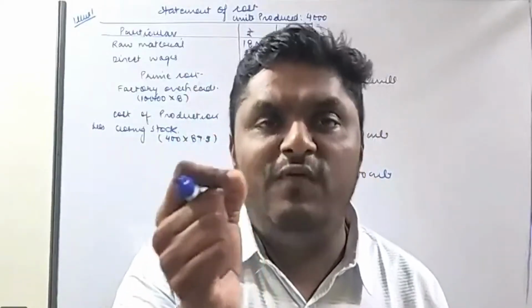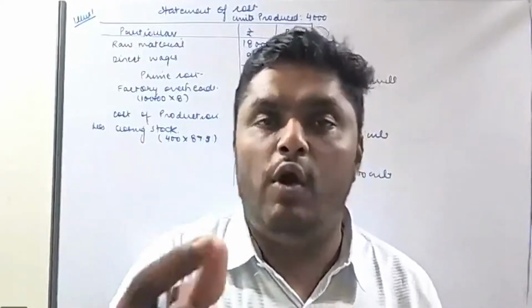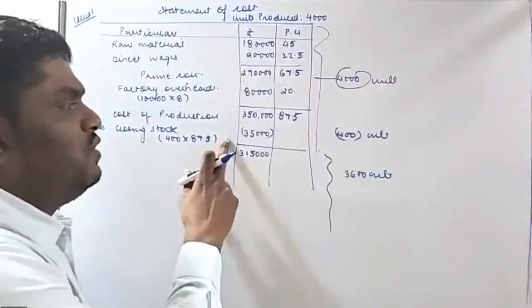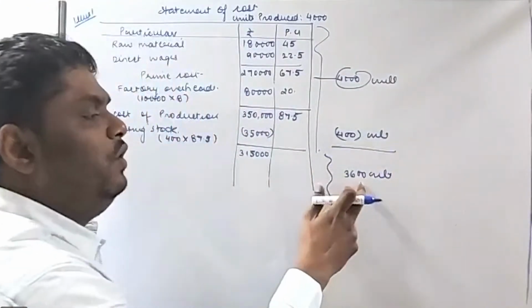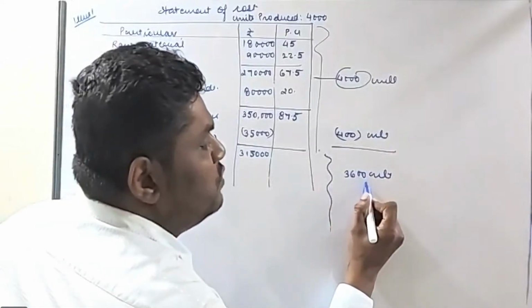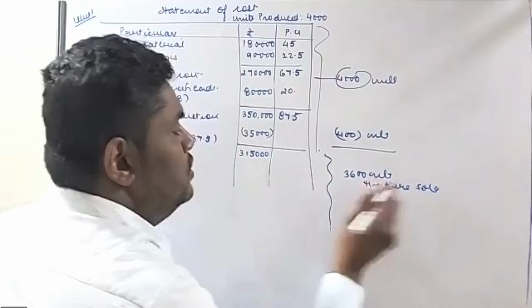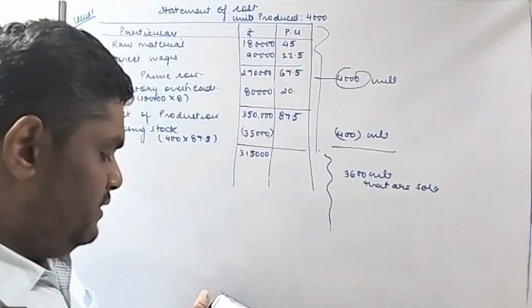So the cost of goods sold will be calculated on units that are actually sold because we have already made adjustments of opening and closing stock. So here no opening stock is given, the closing stock is given, that is 400 units. So we are left out with 3,600 units that are sold. So the per unit will be calculated only on 3,600 units.